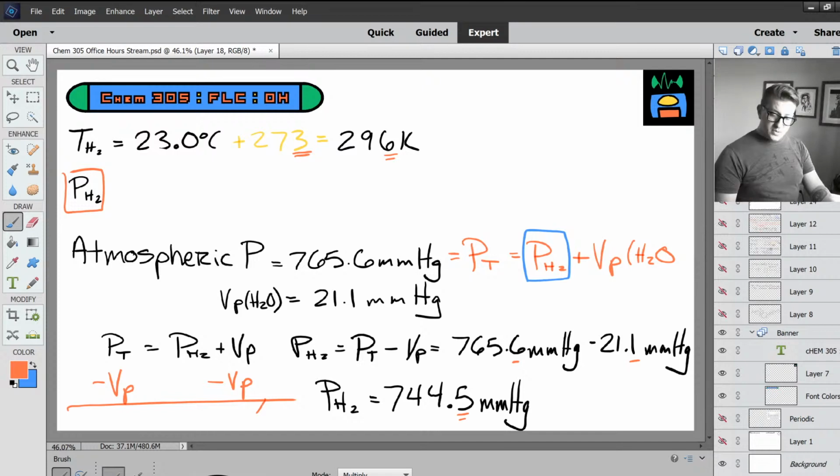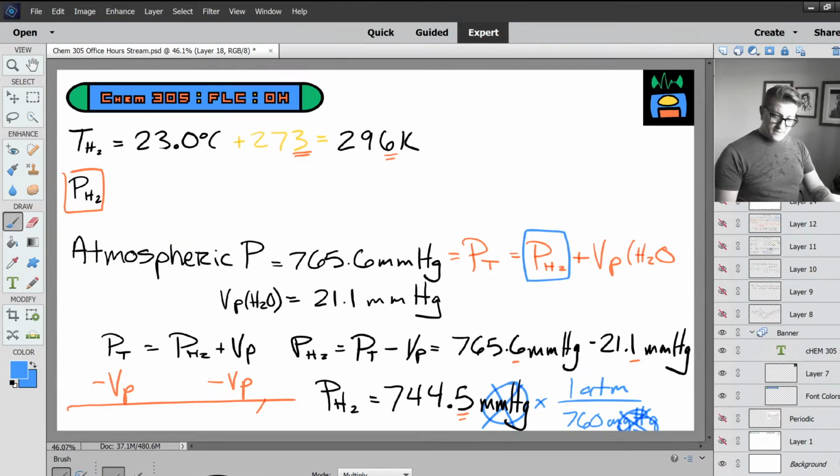Now, what we do need to do is convert from millimeters of mercury to atmospheres, because that is the pressure unit in the ideal gas law. So we have to convert from millimeters of mercury to atmospheres, and 1 atmosphere is 760 millimeters of mercury.